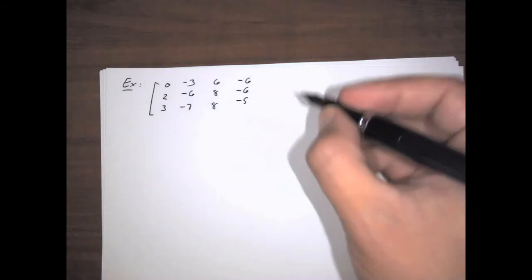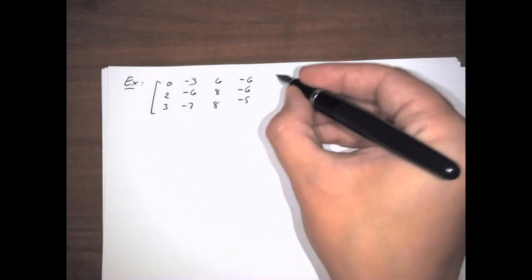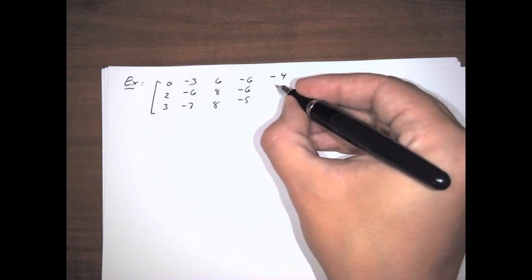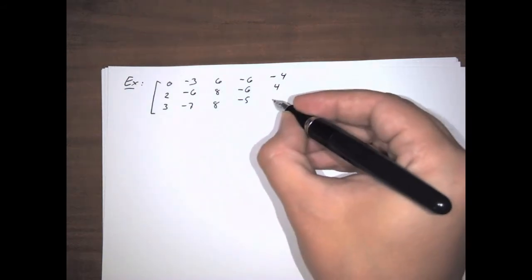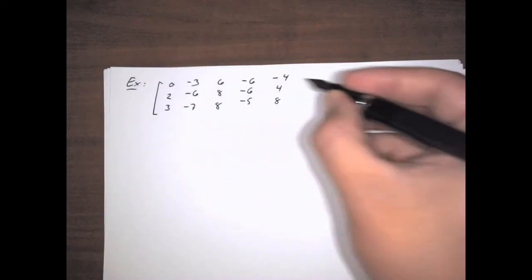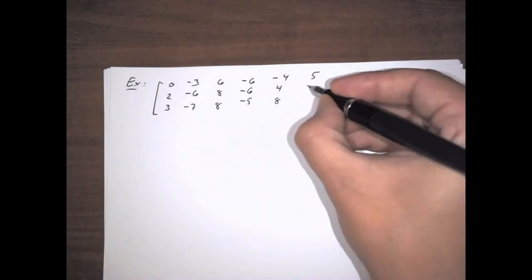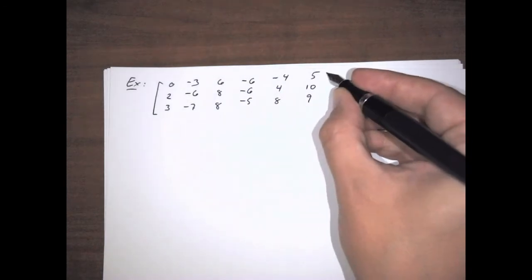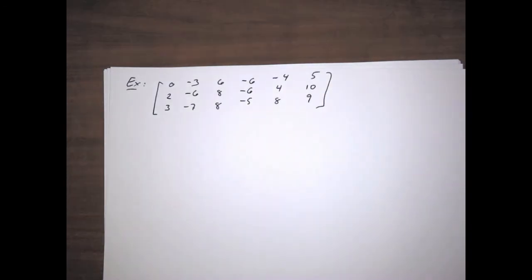The next column is going to be -4, 4, 8. And the last one is going to be 5, 10, and then 9.